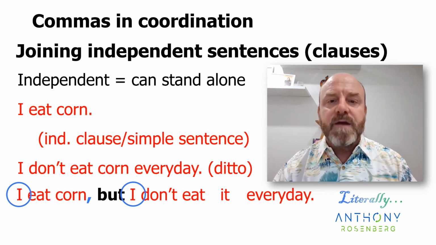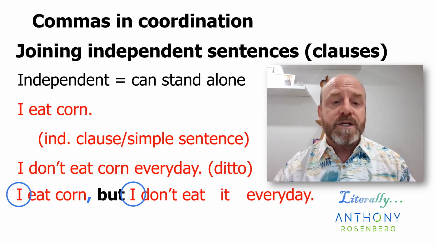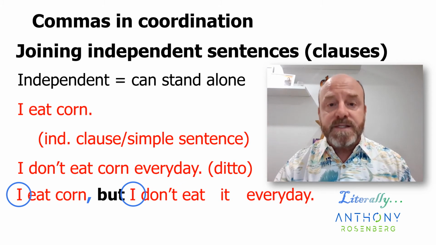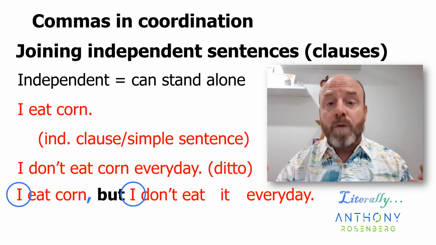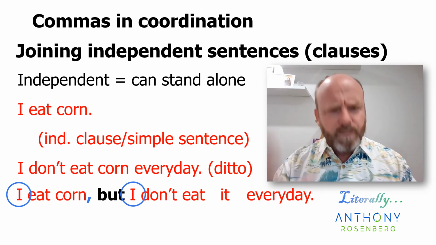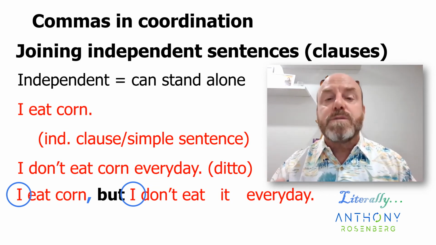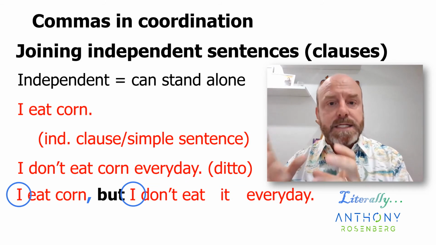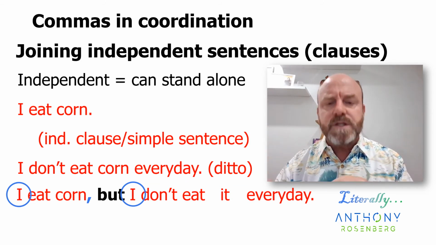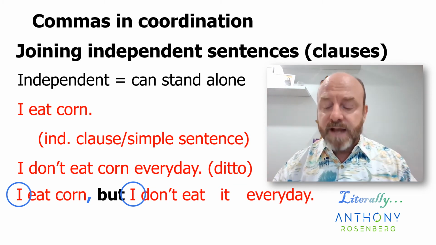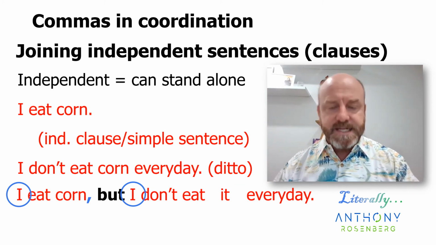You should have a comma before your coordinating conjunction if the second subject is there. Now there are some moments where you will remove the comma when you have ellipsis. We'll talk about that shortly, but at the moment what's most important is you have a second subject, whether it's the same as the first one or not, that's irrelevant, but the fact that the second subject exists means that the comma is needed.